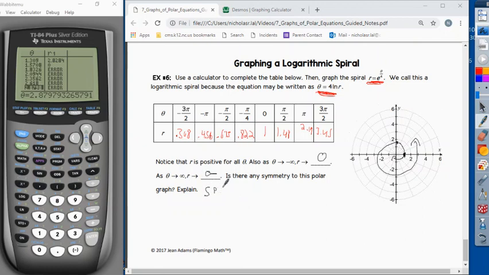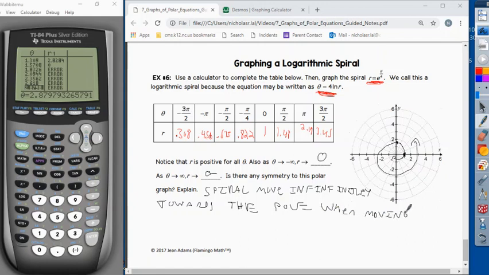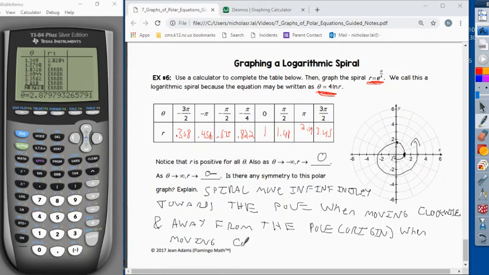So the main takeaway is the spiral will move infinitely towards the pole when moving clockwise, and away from the pole, where the pole is the origin, when moving counterclockwise.